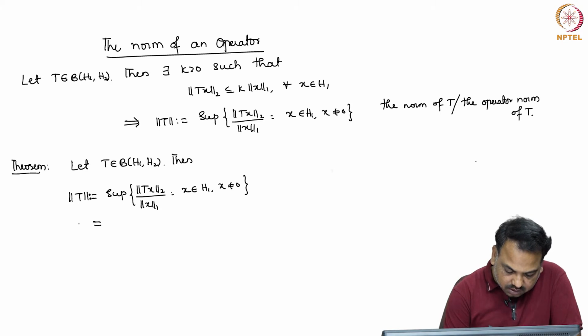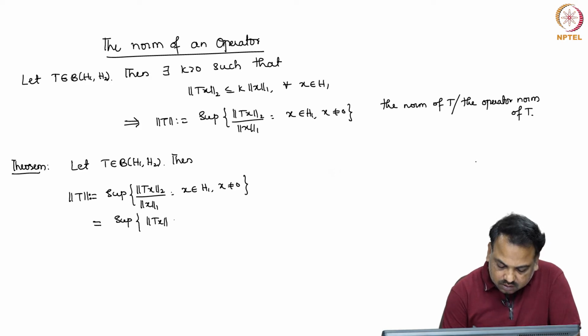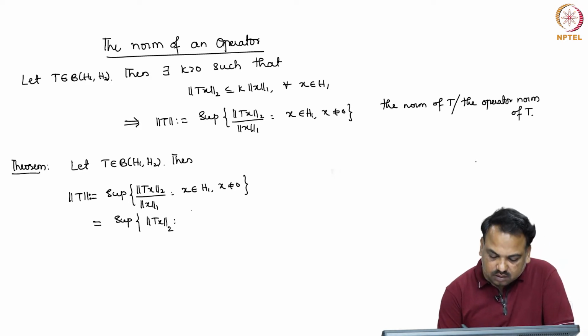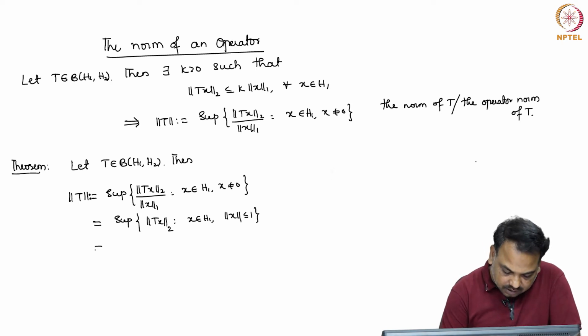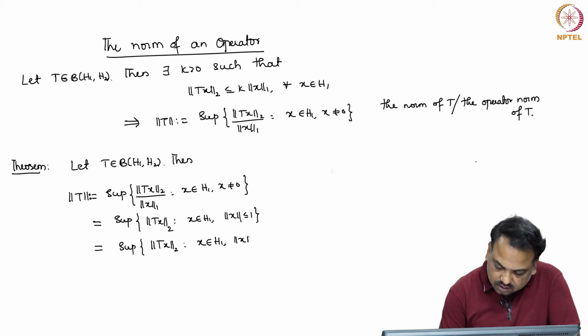And this is also equal to the supremum of norm Tx, x in H1, norm x less than or equal to 1, and again this is equal to the supremum of norm Tx, where x is coming from H1 and norm x is 1.